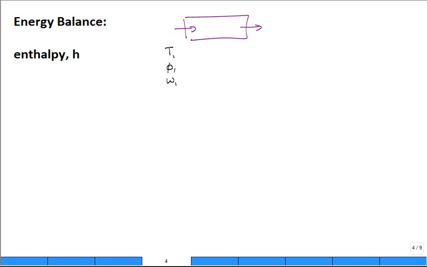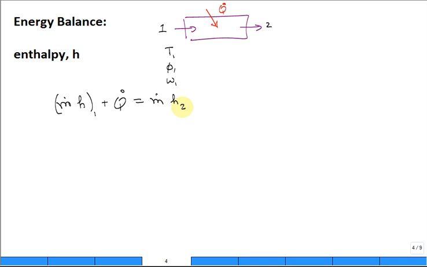Let's say there's also some heat transfer, Q dot, into the system. And then it flows out at state 2. So in at state 1, out at state 2, what would our energy balance look like? It'd be some mass flow rate times some enthalpy coming in plus some rate of heat transfer coming in equal to some mass flow rate times enthalpy going out.